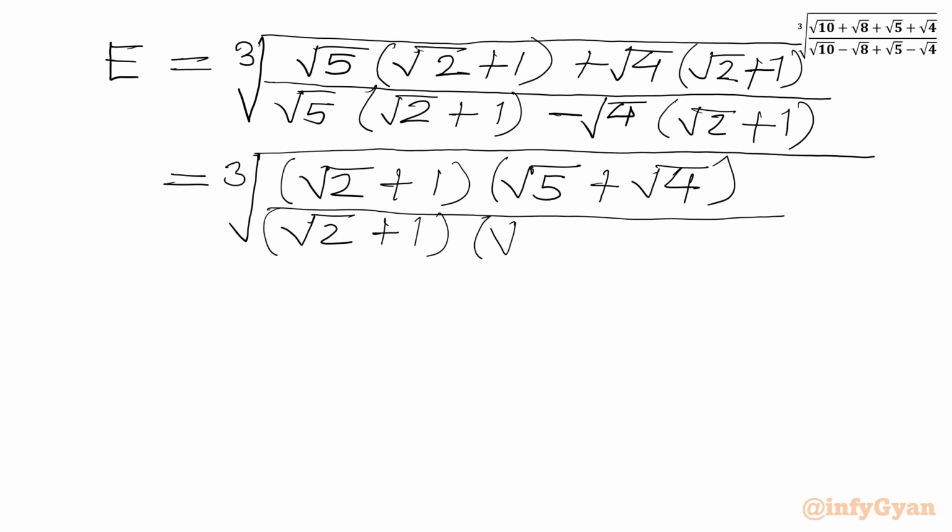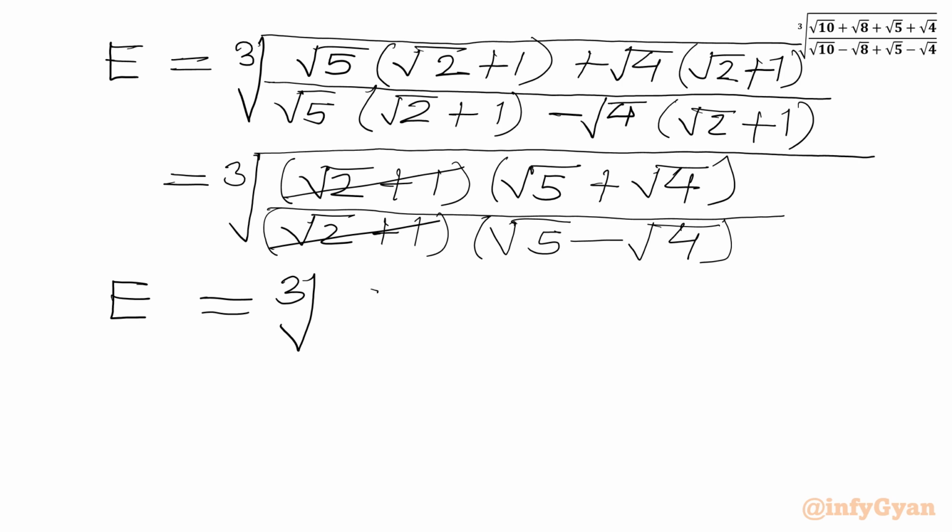In the other bracket this time we will write root 5 minus root 4. So root 2 plus 1 will cancel. We will get simplified E as the cube root of root 5 plus root 4, so I will write root 5 plus 2 over root 5 minus 2.